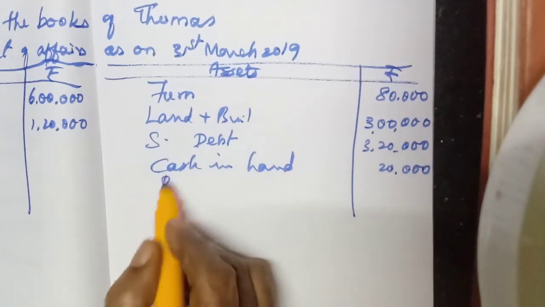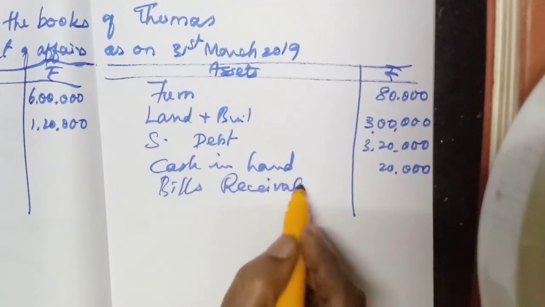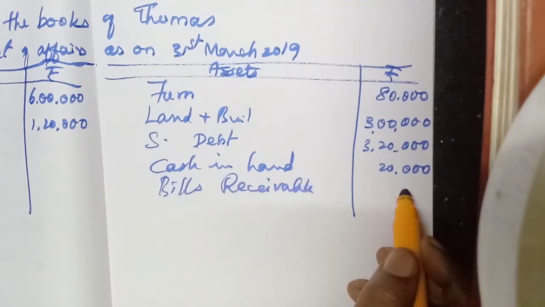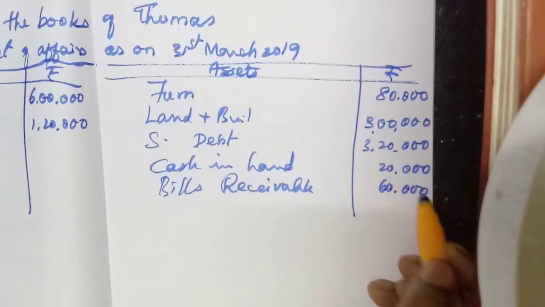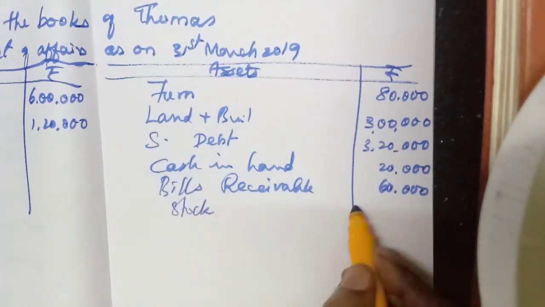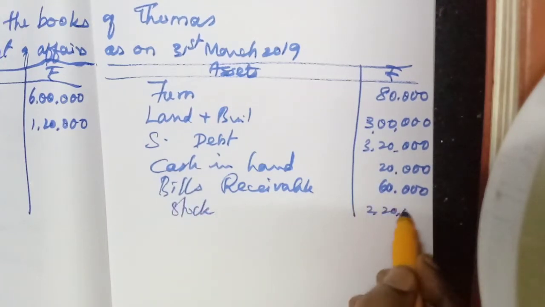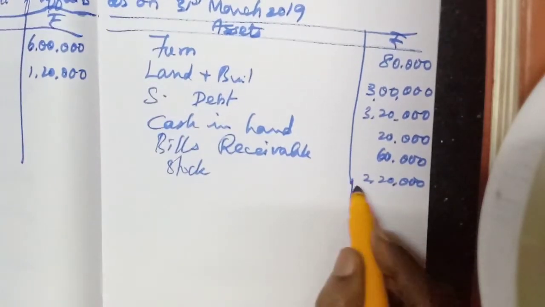Bills receivable 60,000. Then stock 2,20,000. So usually we will get more on this side, asset side only.